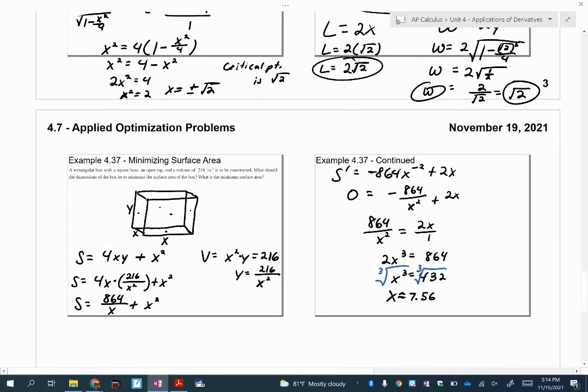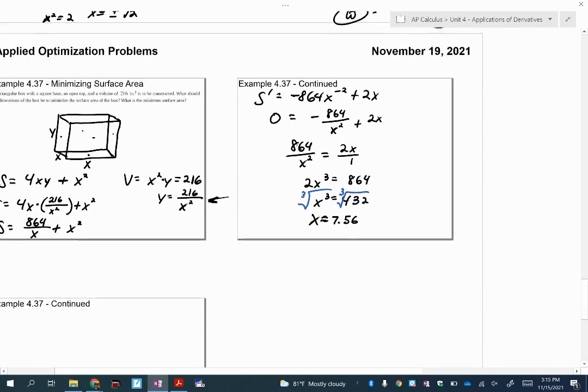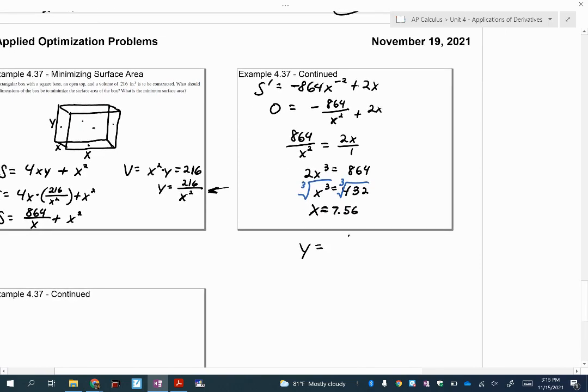And then to find Y, remember Y was the same as 216 over X squared. So I'm going to do 216 over this 7.56 squared.